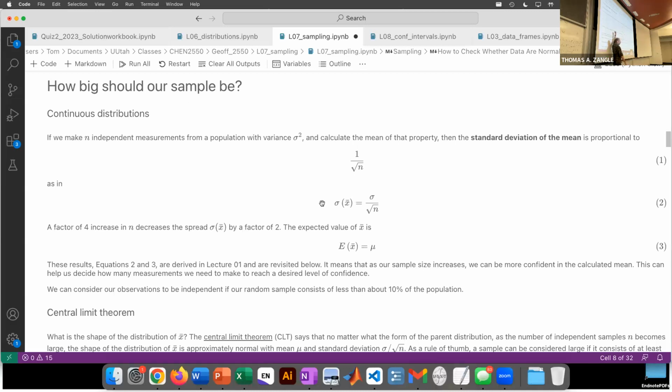One thing that this is telling us is that we have a case of diminishing returns, right? As we ask a larger and larger population, our uncertainty in the mean that we compute goes down, but it goes down more and more slowly as we ask more and more people.